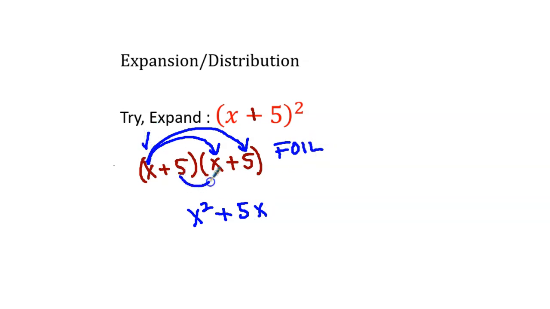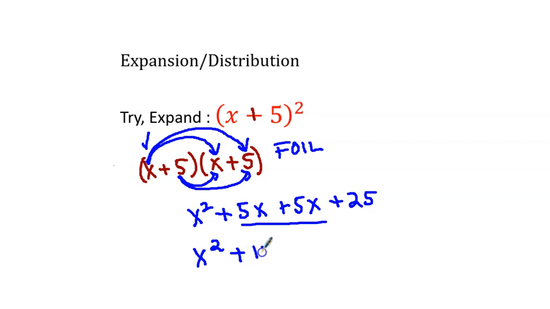You take this one, it multiplies this. That gives you 5x. And multiply the second number, and that gives you 25. So you combine this, that gives you 10x plus 25. Tada, you're done.